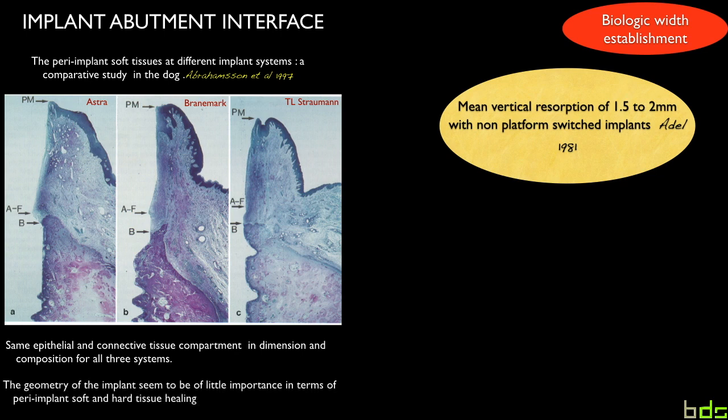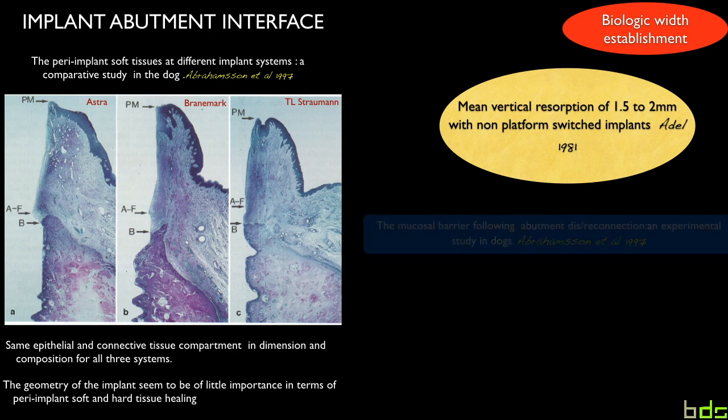So the geometry of the implant seems to be of little importance in terms of the peri-implant soft and hard tissue healing. So there's somewhat what we call the biologic width establishment that also has been described by Bosshardt in the 90s. And this is common to all implants.